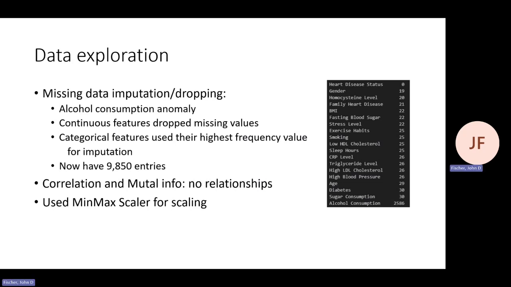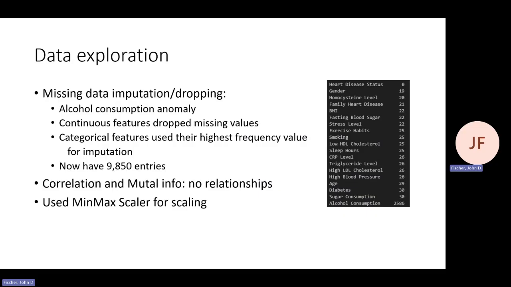But other than that, for all the continuous features, I decided to drop all their missing values since there are only 20 to 30 missing values for each feature. It wouldn't make much of an impact, because it's really hard to estimate what the imputed values are for a continuous feature versus a categorical feature.